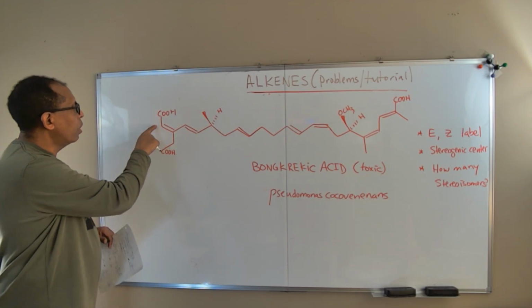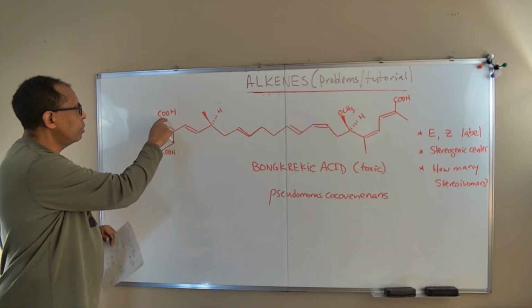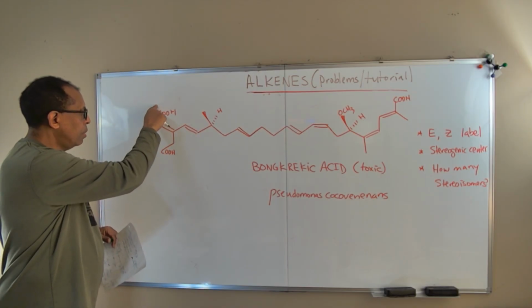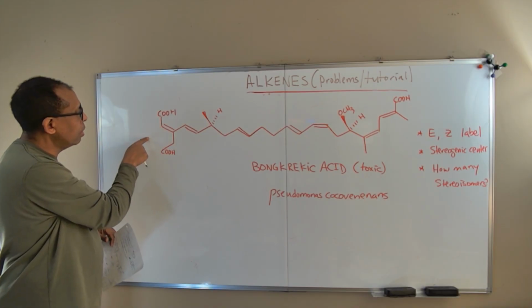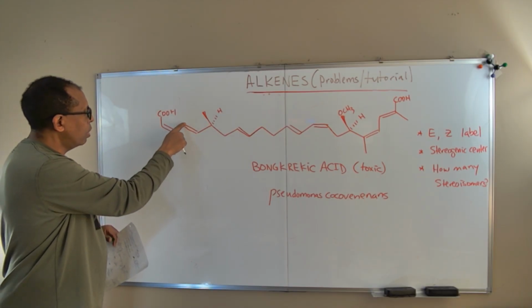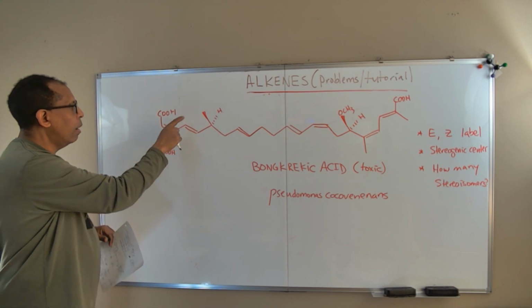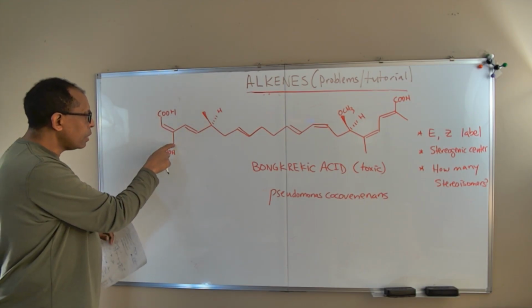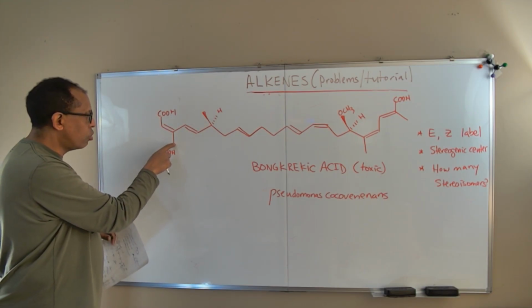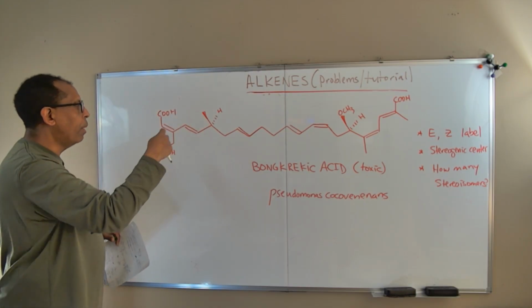So in this one, for example, you have the acid group, a priority group, is up, and here hydrogen is down. Between this one and this one, the priority would obviously be this one, because this carbon has a CH2 while this carbon has a carbon-carbon bond.